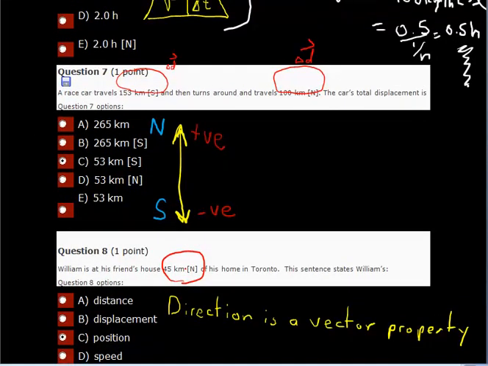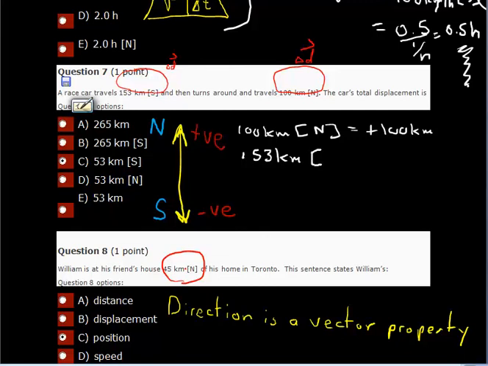Number 7. A race car travels 153 kilometers south and then turns around and travels 100 kilometers north. So again, make one way positive, one way negative. I made north positive here, so 100 kilometers north will equal plus 100 kilometers. 153 kilometers south will equal minus 153 kilometers.